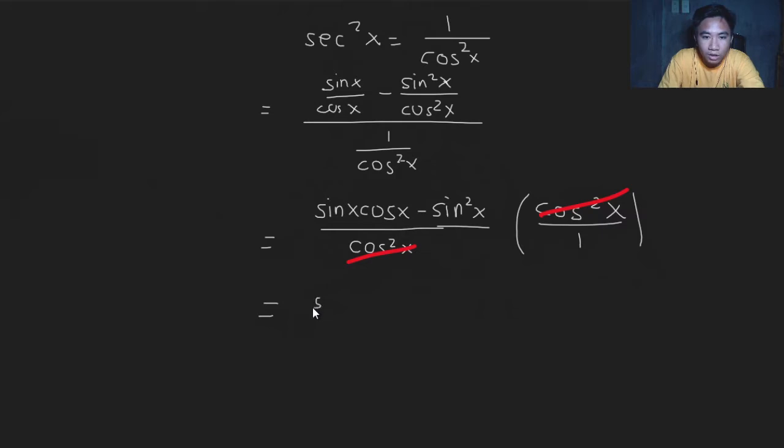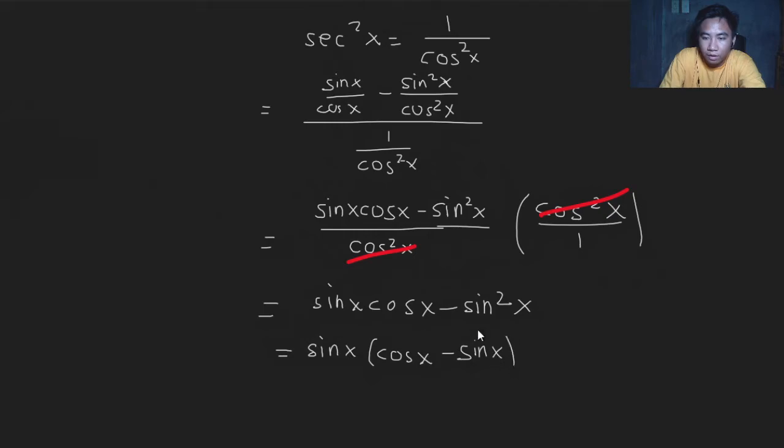Ang tira is sin x cosine x minus sine squared x. Divisible sila by sin x, so just factor out. We still have cosine x minus sin x, and that will be the answer.